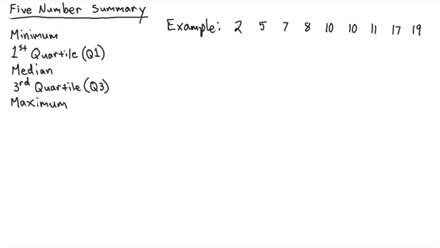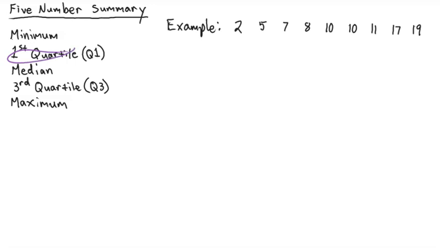All right, so in this lesson, we're going to identify what is called a five-number summary of a data set. And the five numbers, you already know a couple of them. The five numbers are called the minimum, that's the lowest number, the maximum, that's the highest number in the data set, the median, which you're already familiar with, and then two more.